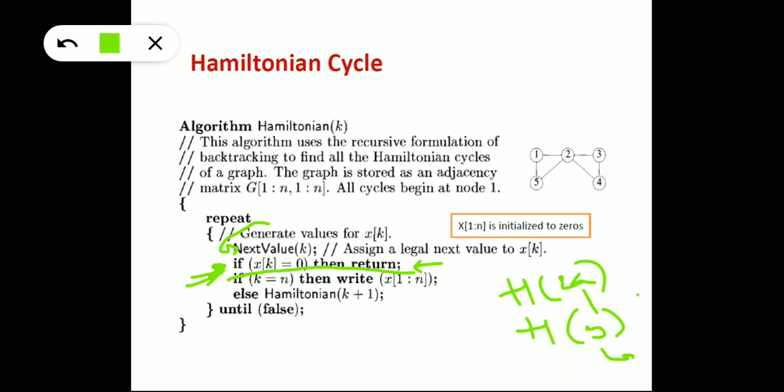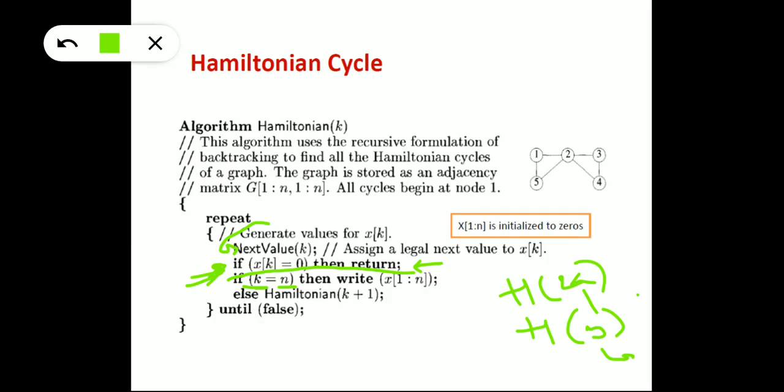And then in case we have found the next vertex, that is x of k is not equal to 0, then we need not perform backtracking. So we check if this next vertex k that we have found is not the last vertex in the graph by making use of the condition if k is equal to n.